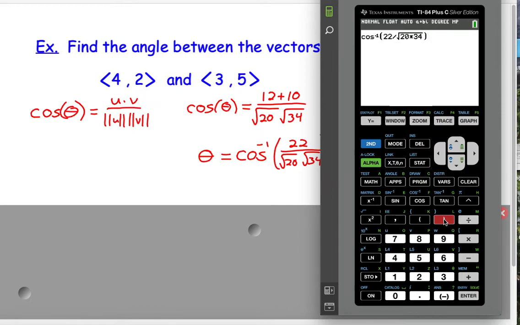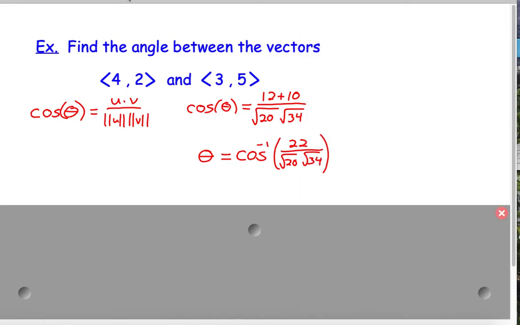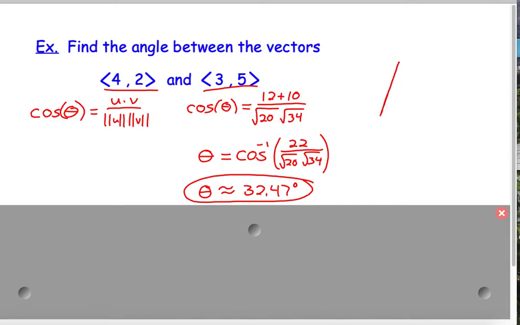And that should give me my angle. 32.47 degrees approximately. 32.47. And so that's the angle between these two vectors. Obviously the shortest angle between them. So when we're looking at two vectors like this, we're finding this angle here. We're not finding the long angle all the way around.